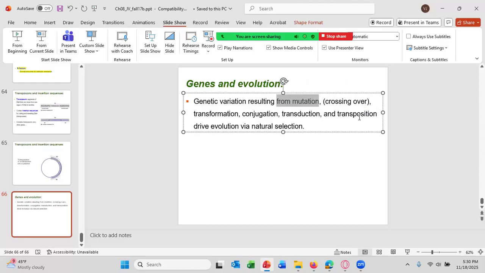Transposition does the same thing as crossing over. It just shuffles the genes up, making new genetic variations possible between different genes, different alleles at different locations, I should say. All of this drives evolution, which happens via natural selection. Any questions about genes and evolution?